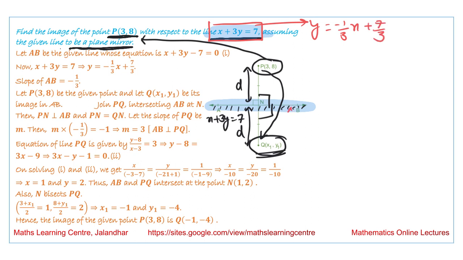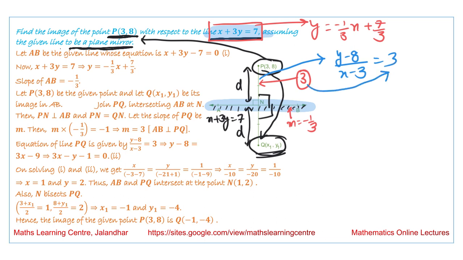So the slope of this line is equal to minus 1 by 3, and the slope of this perpendicular is equal to 3. So if we calculate the equation of this line PQ, the equation we obtain is y minus 8 over x minus 3 is equal to 3, that is equal to the slope.